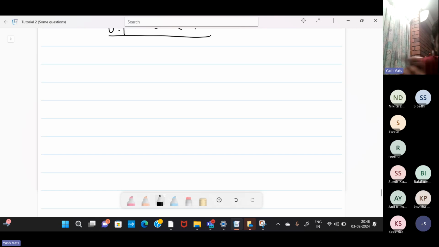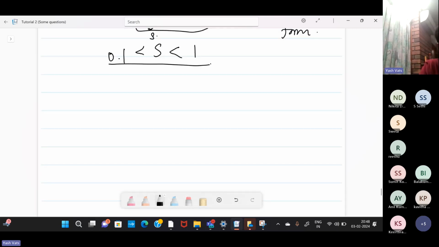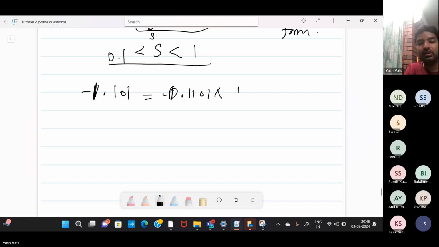Okay, so I have this number, suppose minus 1.101. If I have this number, then you just convert it into this form: minus 0.1101 into 10 to the power 1.